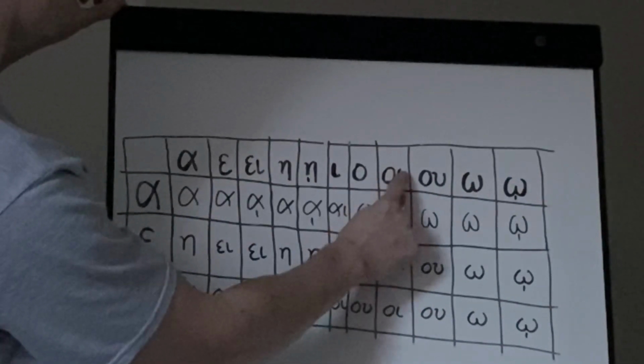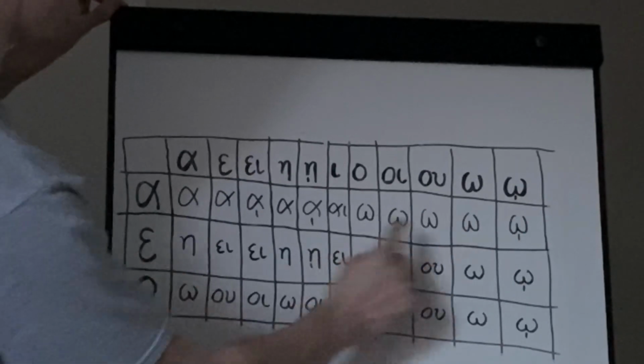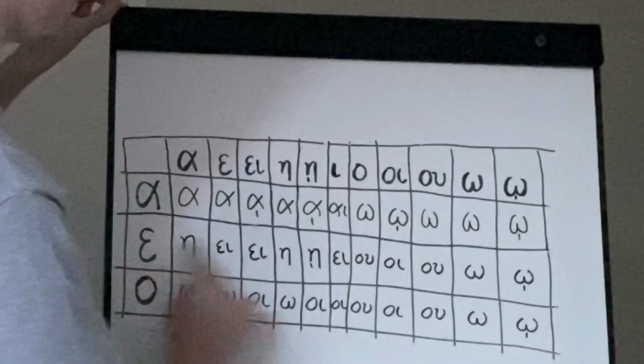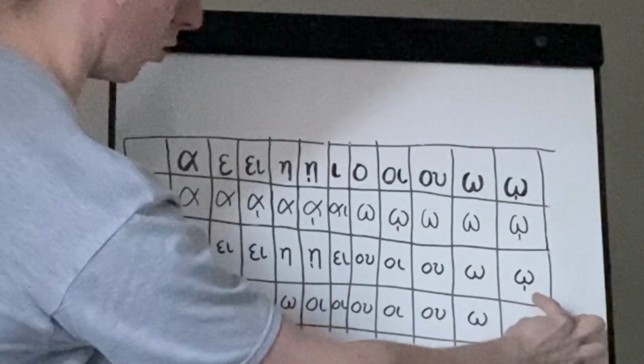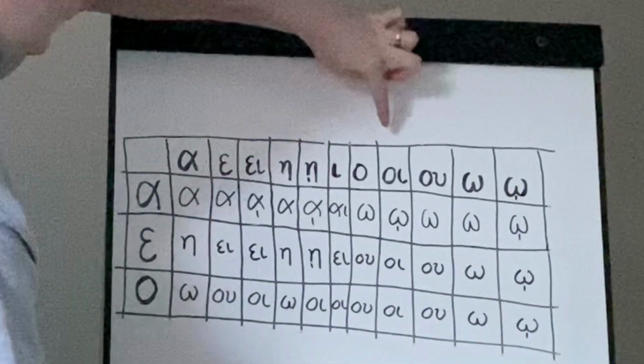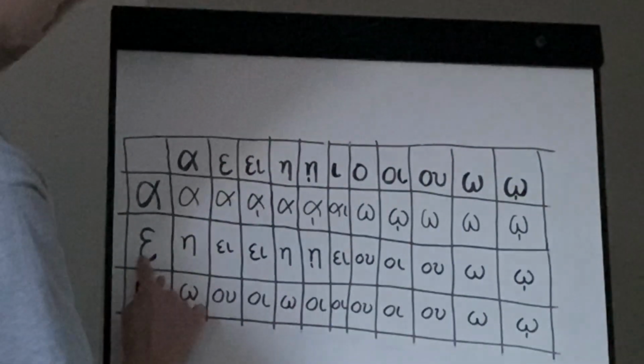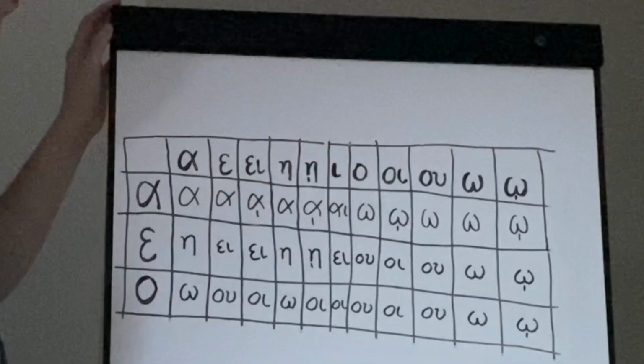So epsilon plus oi is oi, epsilon plus oo is oo, epsilon plus or is or, epsilon plus oi is oi. So in the case of these last four, the added vowel or diphthong simply defeats or replaces the epsilon in the verb stem.